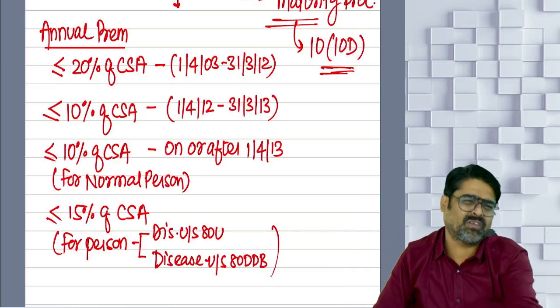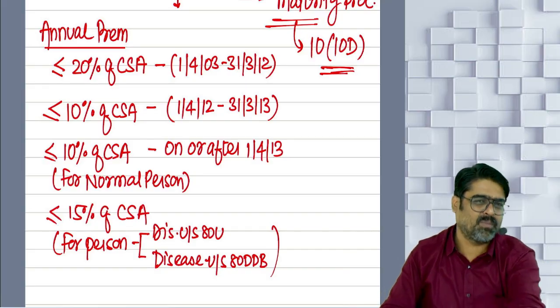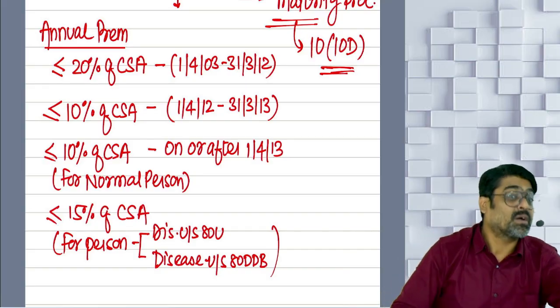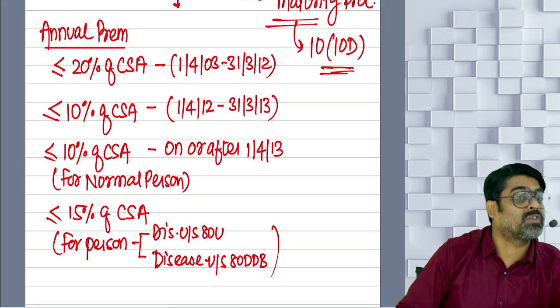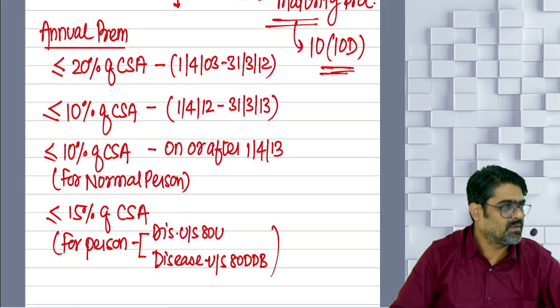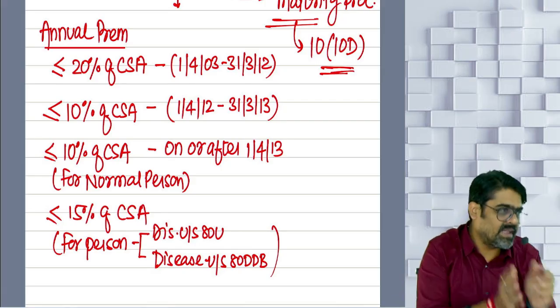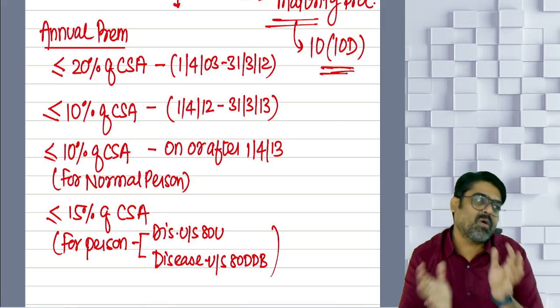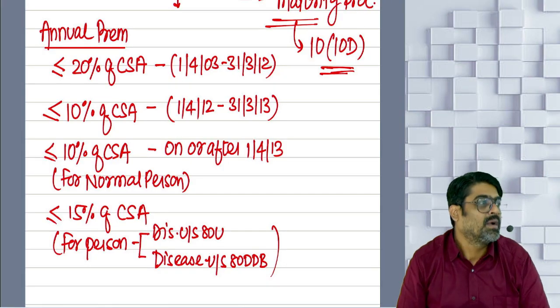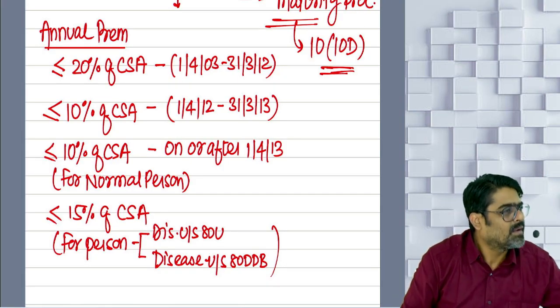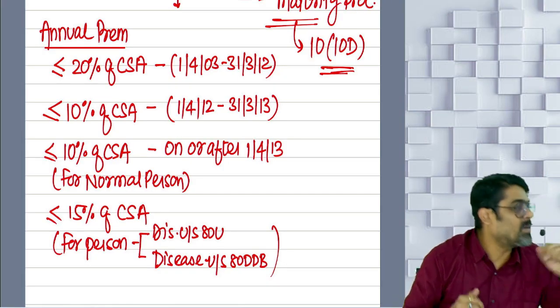A small policy, small premium, so the returns in terms of amounts are also less. That we can exempt. So premium paid within the limit, policy amount is also small, the returns are also very small in terms of amount.